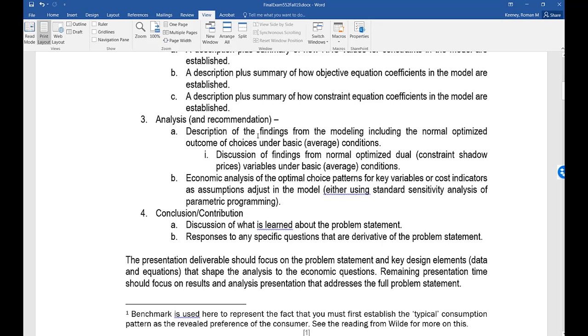Then analysis, with maybe some recommendation if you're doing a pure planning model, but if you're doing an economic analysis, then what kind of economic relationship have you uncovered? How does it answer your question?